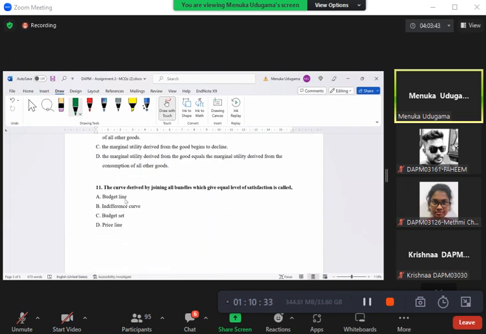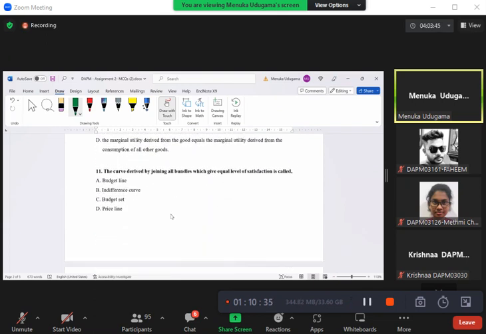Question 11. The curve derived by joining bundles which give an equal level of satisfaction. What was this called? What was the graph that gave us, let's say, good 1 and good 2? What was this called? Different bundles, it gives the same level of satisfaction.